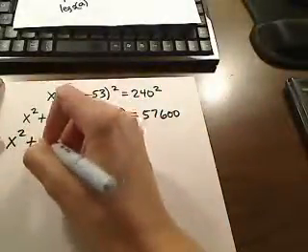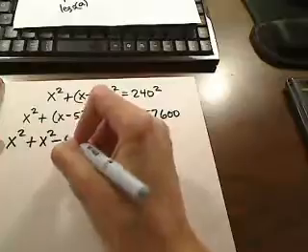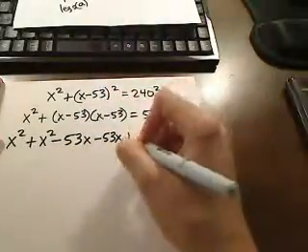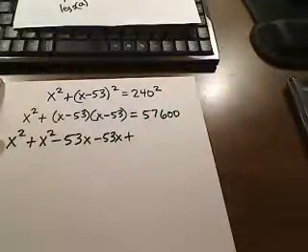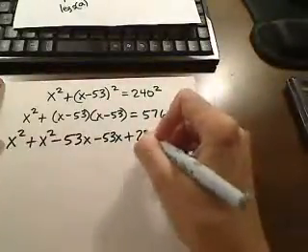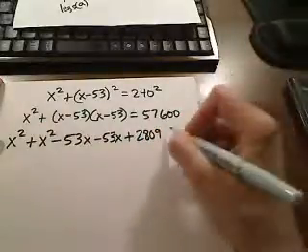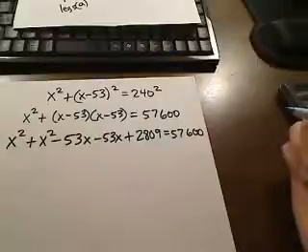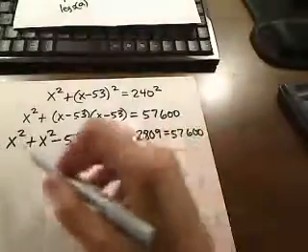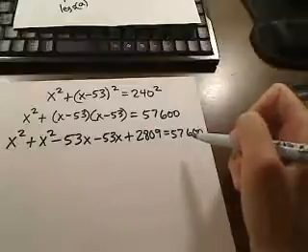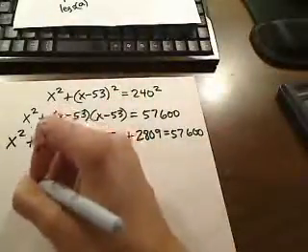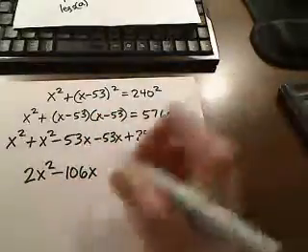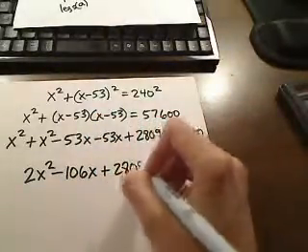We're looking at first is x squared, the outside's minus 53x, inside minus 53x, and the last there is 53 times 53, a positive 2809, and that's equal to our 57,600 number. Okay, so we're continuing to solve for x. We're probably going to need to use the quadratic formula in this problem. So let's collect like terms. I see 2x squared minus 106x and plus 2809.